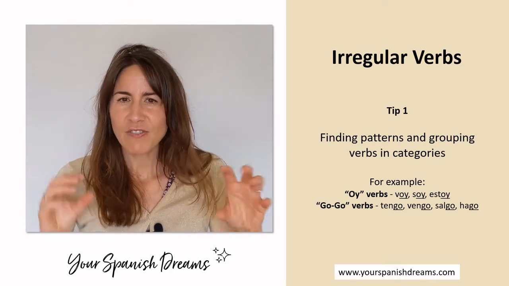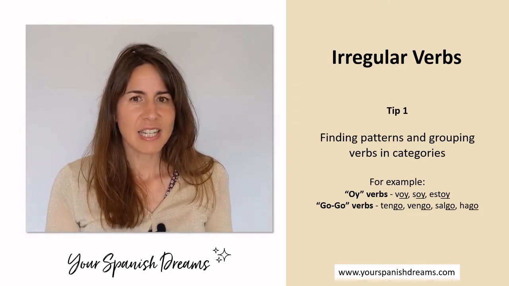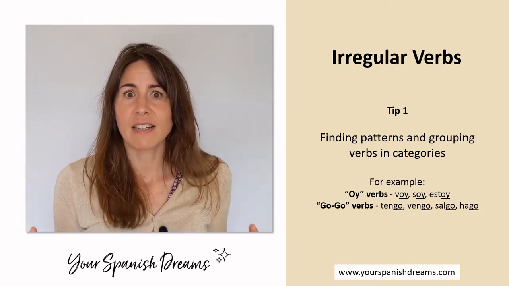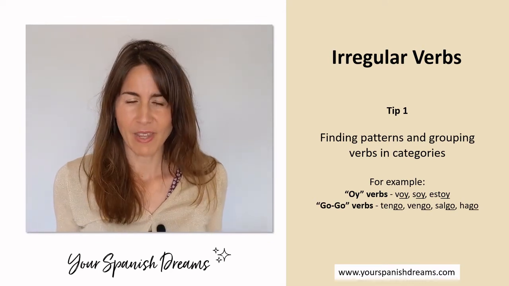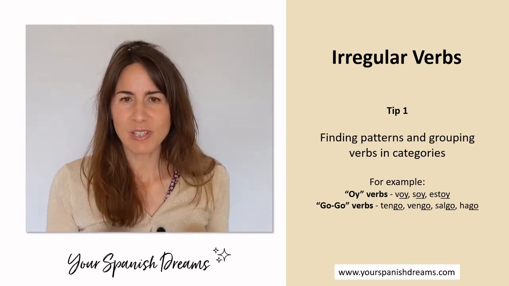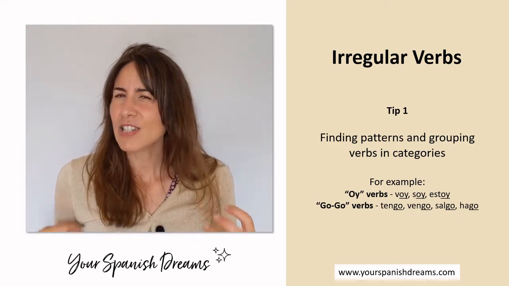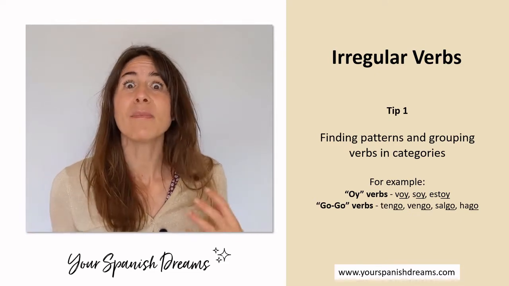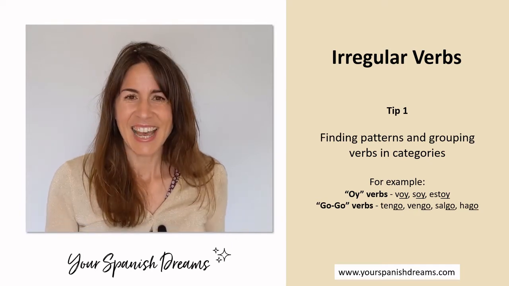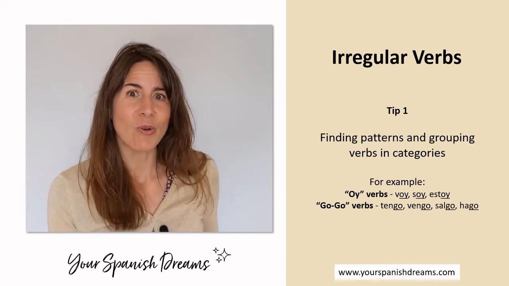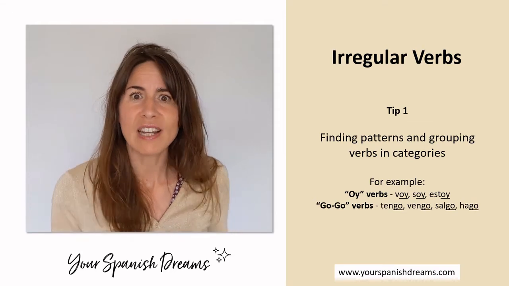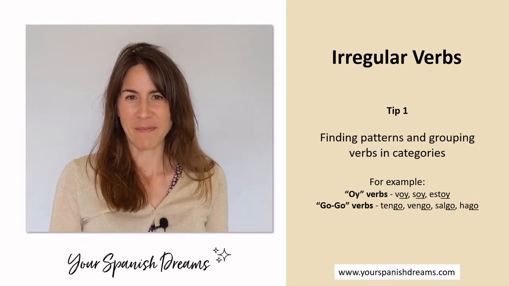Because if we think of each verb individually, it can seem really overwhelming as there seems to be tons of them. However, when we group them into patterns, we actually see that there is some sense, that there are some rules that can be applied and predicted, and so that's going to give you the clue on how to approach your learning in a much more efficient way.